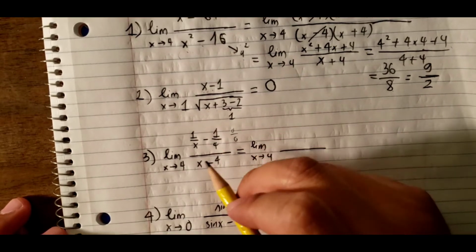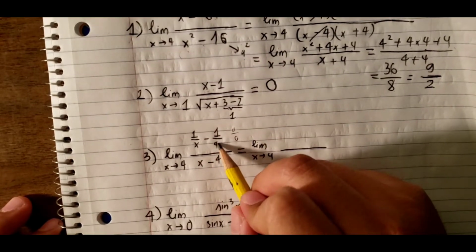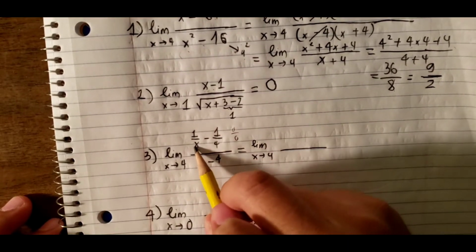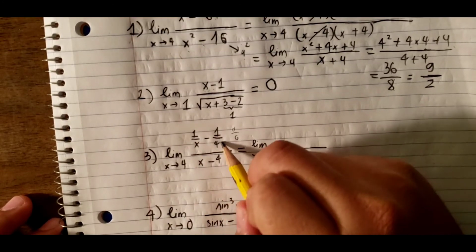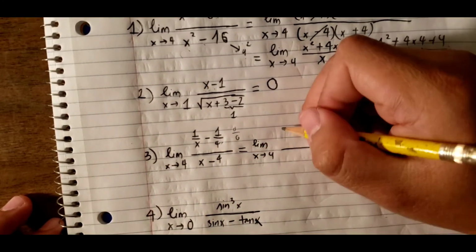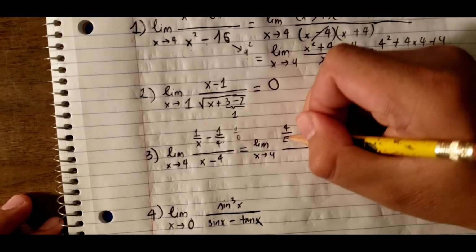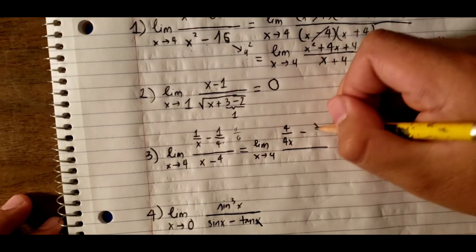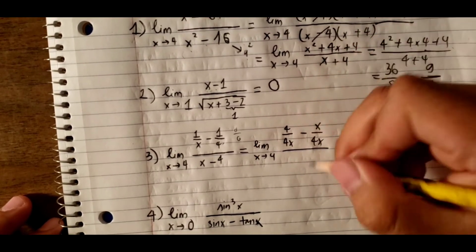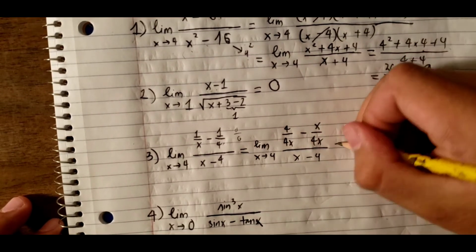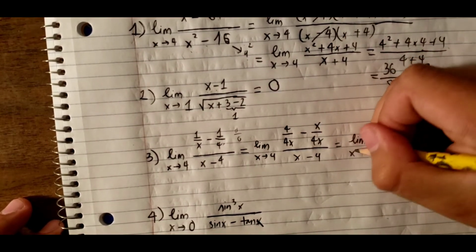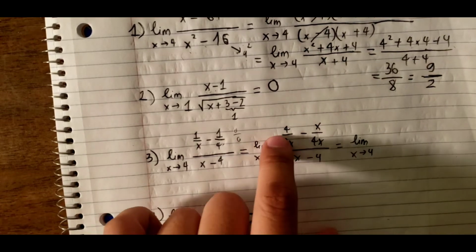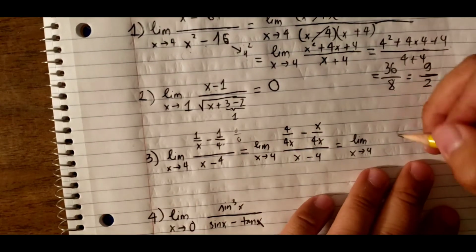Here we will do a common denominator. This one multiplies with number 4 and this one multiplies with s, so you get 4 over 4s minus s over 4s. Now we have 4 minus s here.